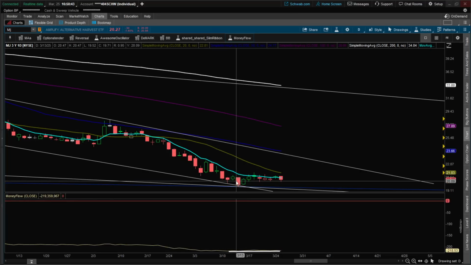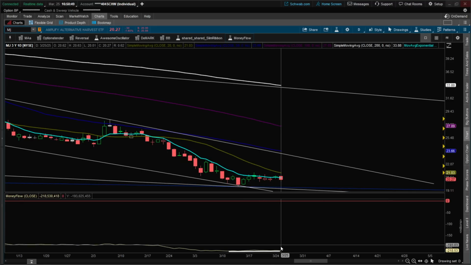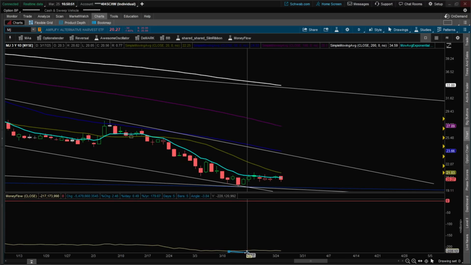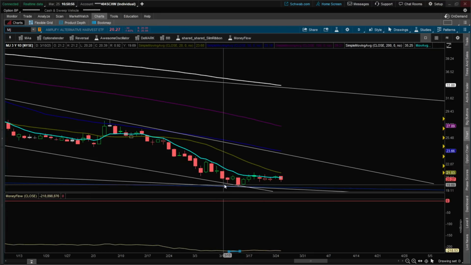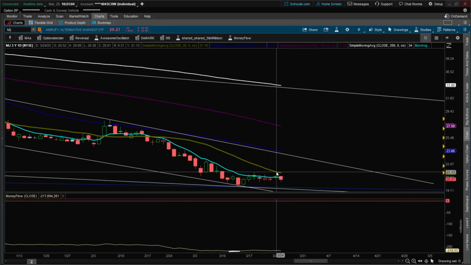And we get the divergence right here, actually, when we made a lower low. And now we should see this start to cycle up. So this positive divergence really is just right here between this low and this low. So that's why we're getting the bounce. Do we make another positive divergence? We shall see.